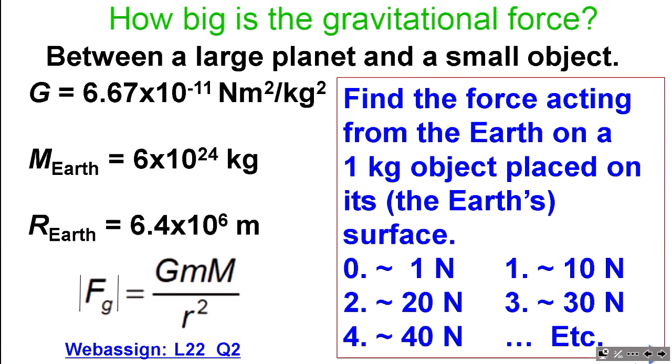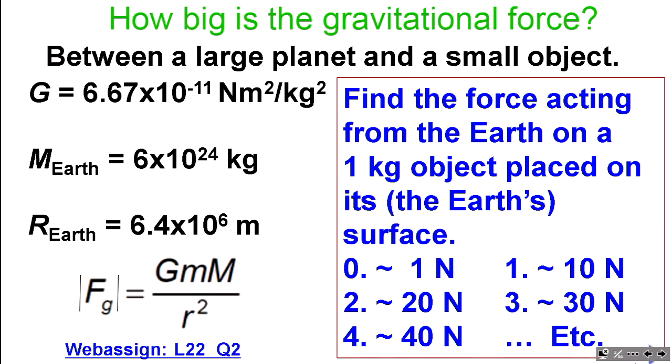And a question to you. This is an example. We need to use the law to calculate the force of gravitational attraction between a large planet and a small object. In this particular situation, the Earth and a 1 kilogram weight, which is placed on the surface.